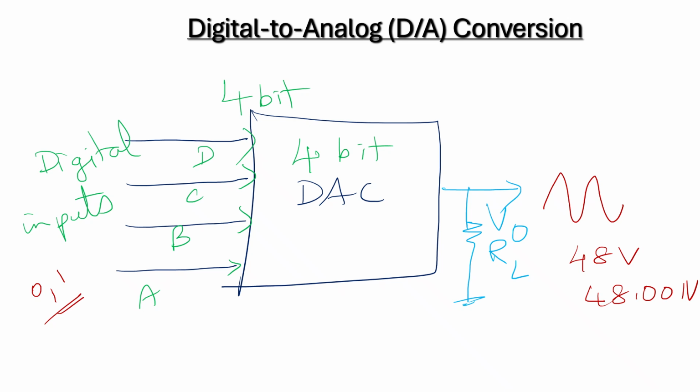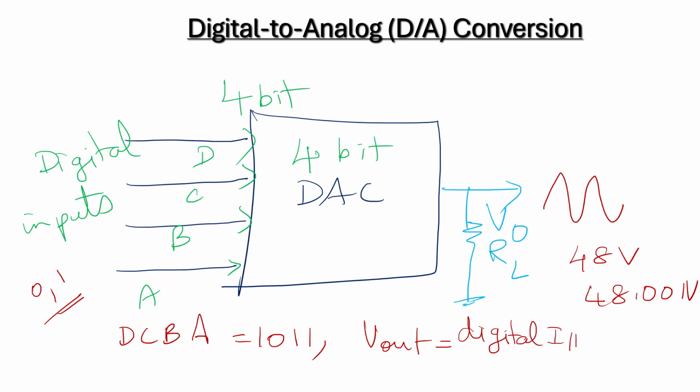If K is equal to 0.5 and DCBA, for example, is equal to 1011, then the value of the analog output V0 is the value of the digital input times K, where K is the constant.